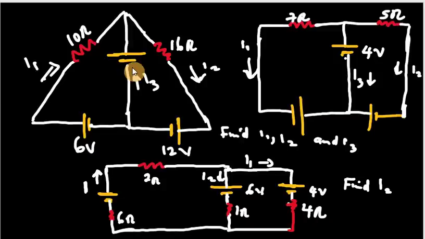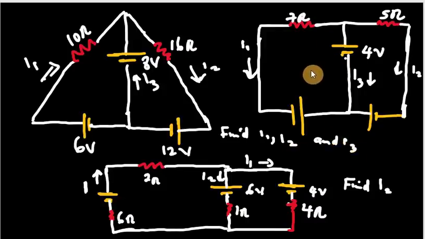Here is 8 volts, so you have 8 volts. You find the current I2 flowing through this. So we are expected to find I1, I2, and I3.